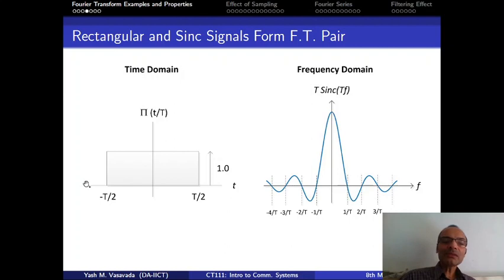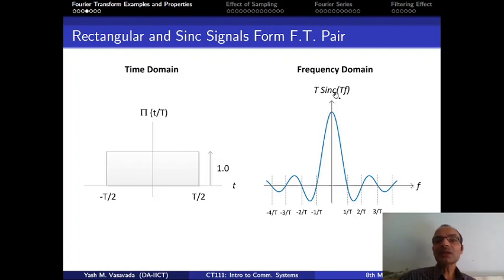So what will happen when I make capital T bigger and bigger? In time domain, as we said, the pulse is going to get stretched out. It is going to become wider and wider. But what is the effect on frequency domain? The SINC here is going to become narrower and narrower, as well as taller.